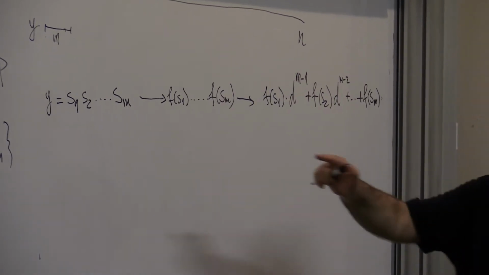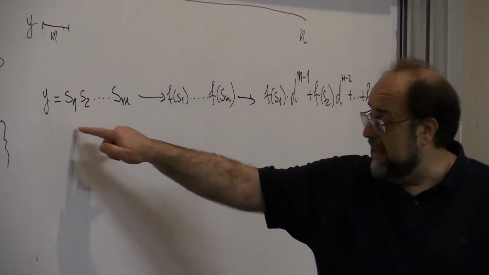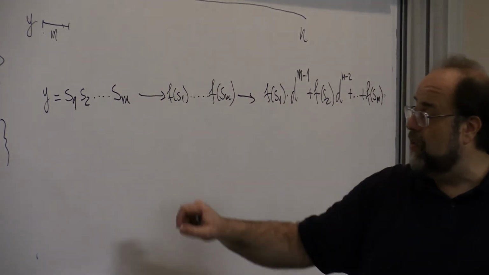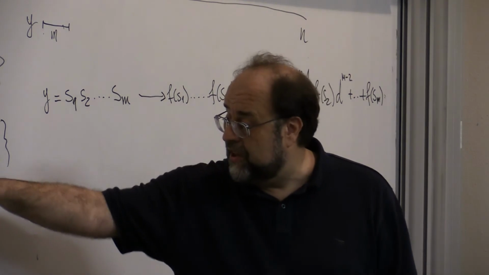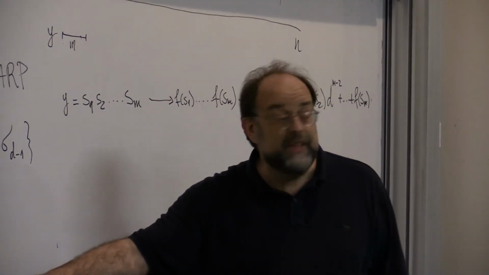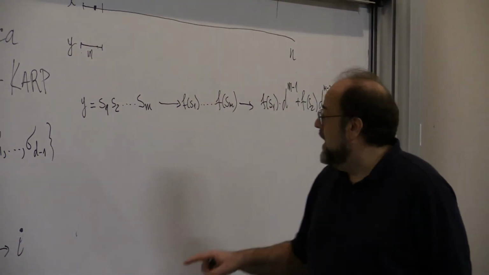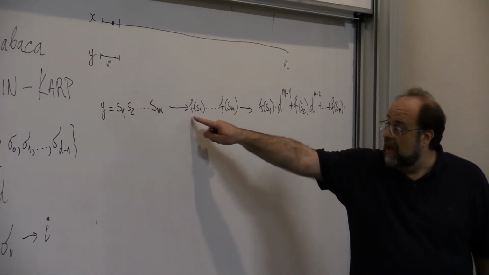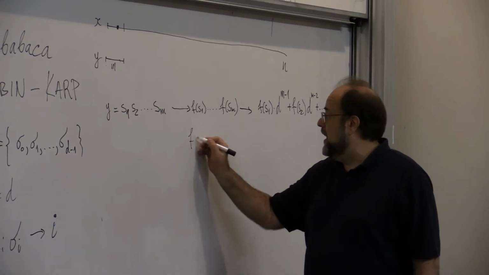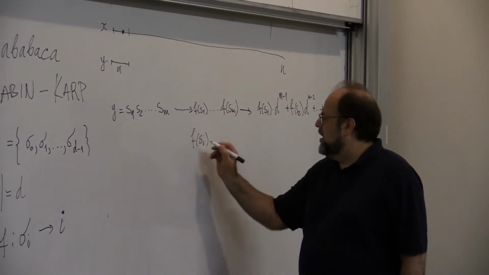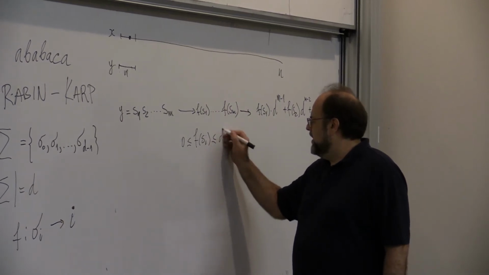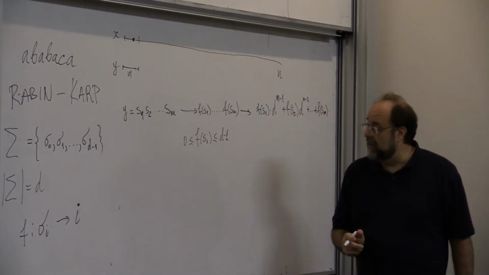So first we replace every symbol appearing in our sequence with its index, and now all f of Si is bigger or equal than 0 and smaller or equal than d minus 1.